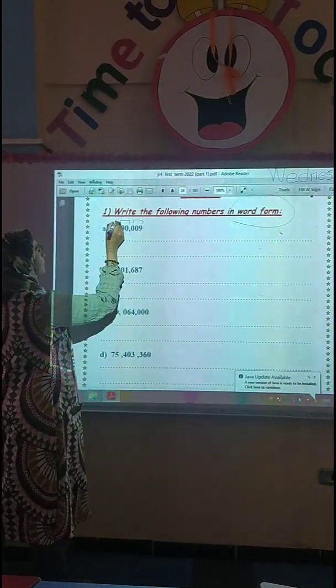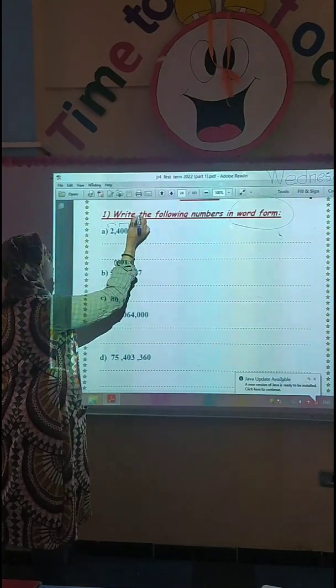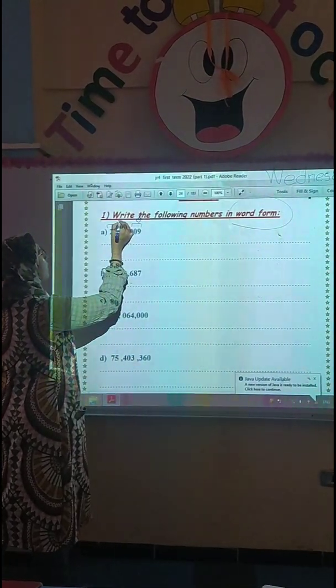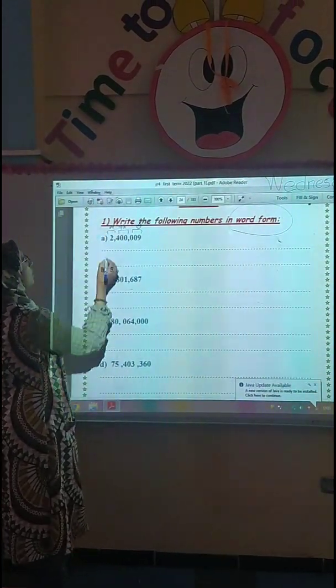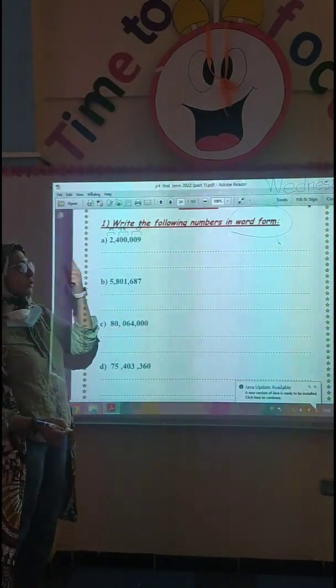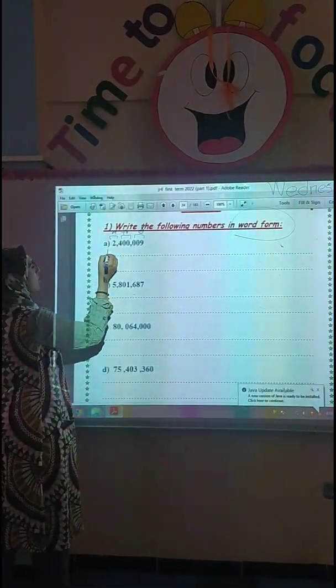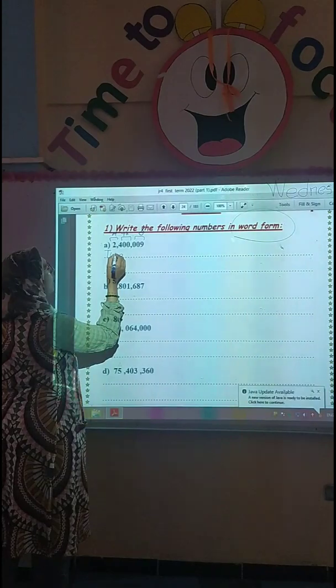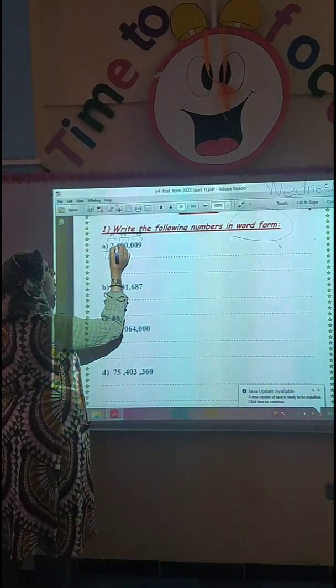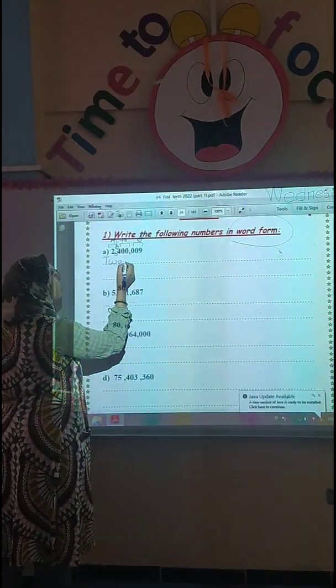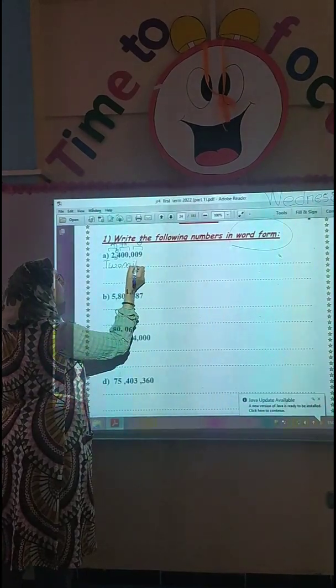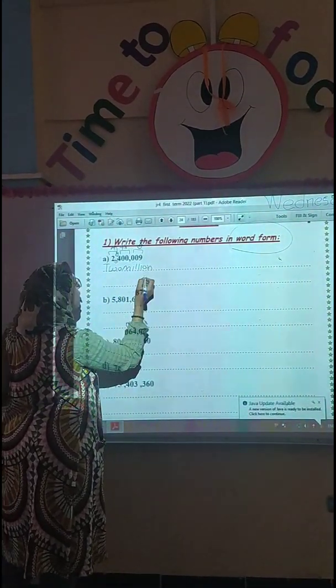Define the periods. The first period, ones, we don't say their name, and then thousand, and then here million. In the million, just 2. So I say 2, W-O. And here I found a comma. This means say the name of the family, which is million.